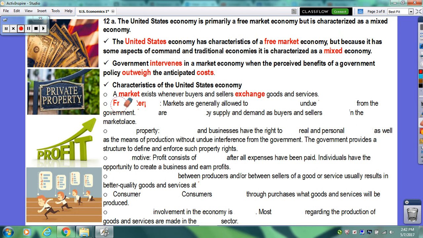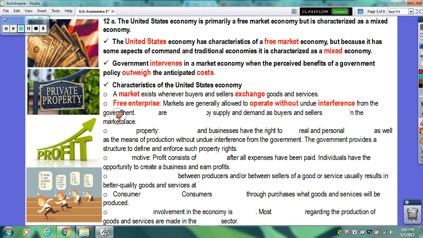Next point here is free enterprise. Markets are generally allowed to operate without undue interference from the government. This means that businesses can make their own decisions on how much to pay their employees, as long as they pay at least the federal minimum wage, how to set up their stores, how many stores they want to have, what locations they like to go to, and what sorts of people they need to run their store.